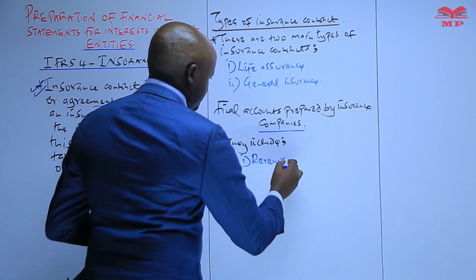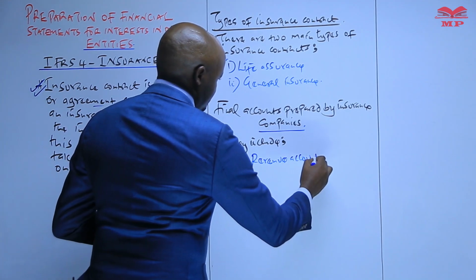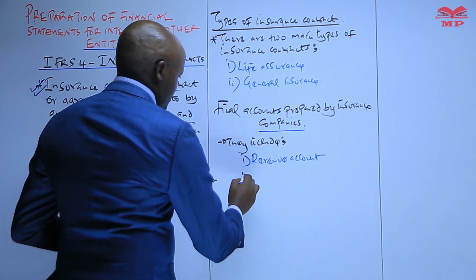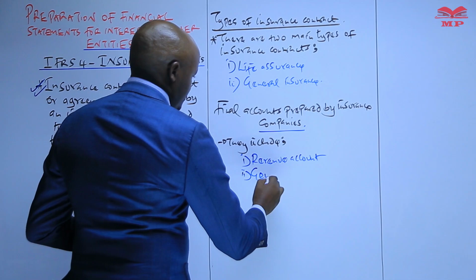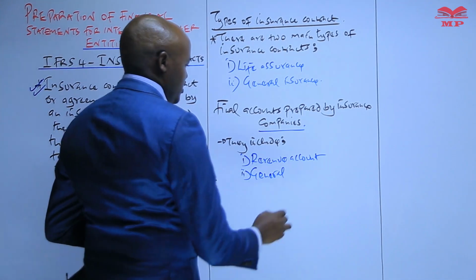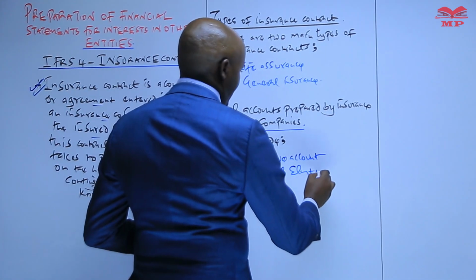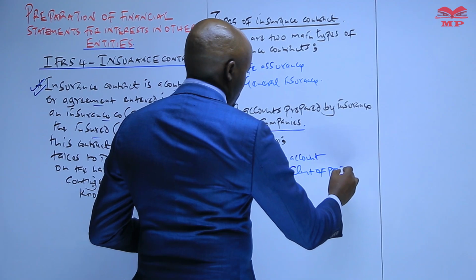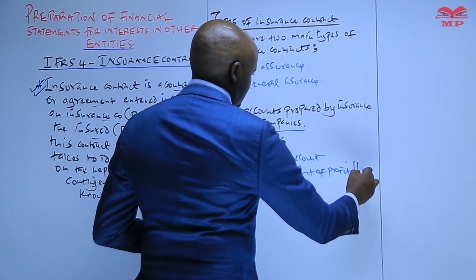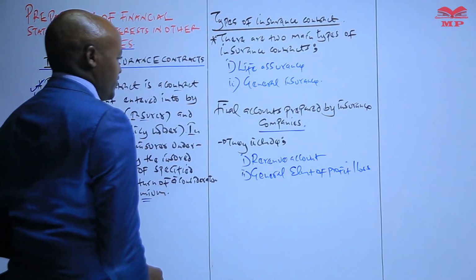Revenue account. Number 2, we have general statement of profit or loss. General statement of profit or loss.